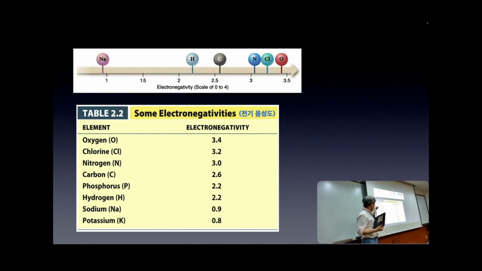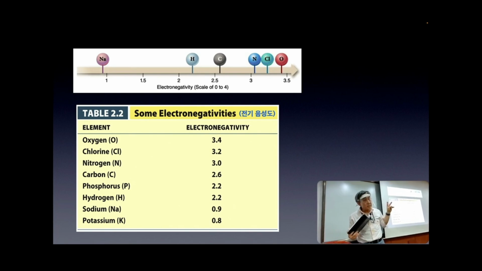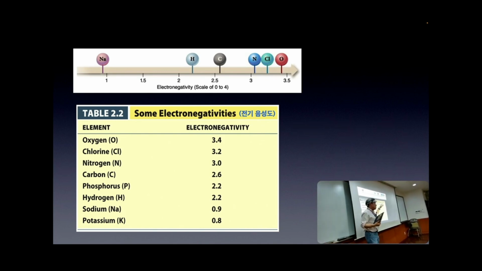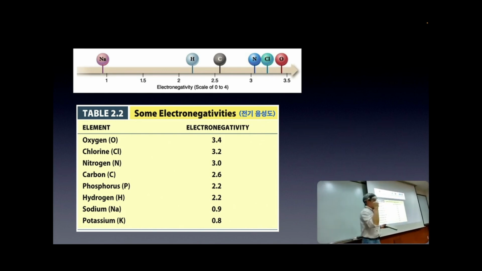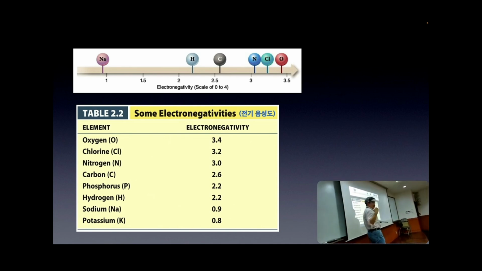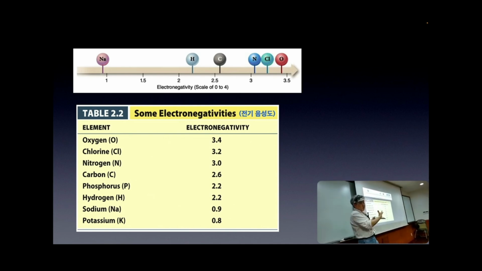These 2 are the notorious electron-greedy elements because they are high in their electronegativity. In other words, they want to take electrons from somebody else, with such a strong desire and power.